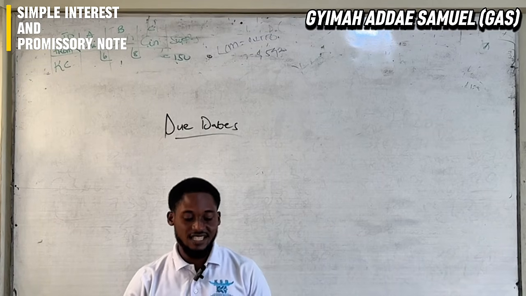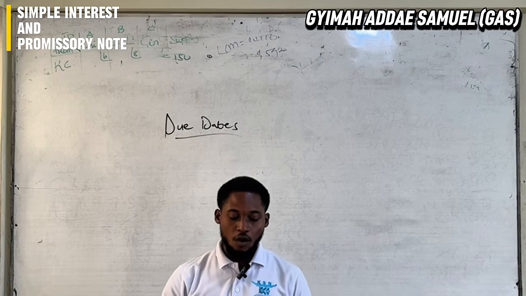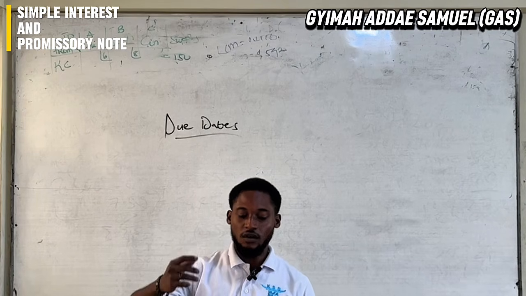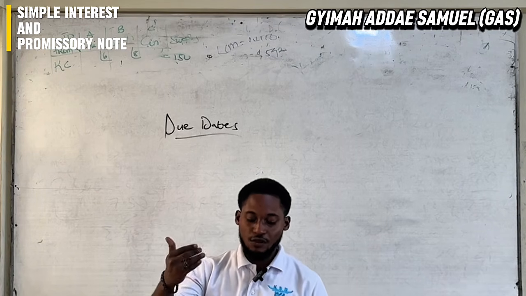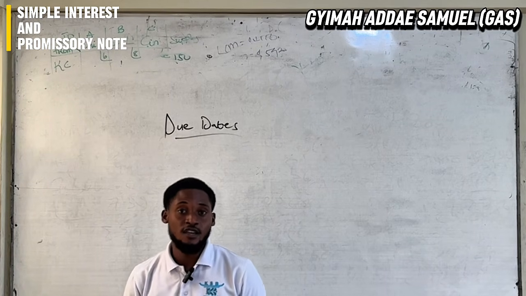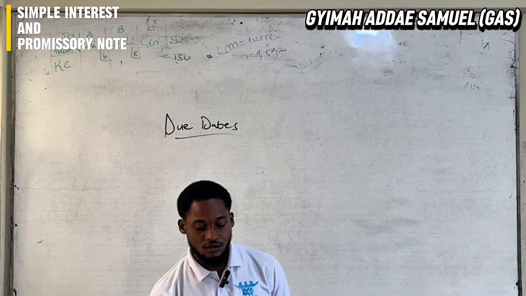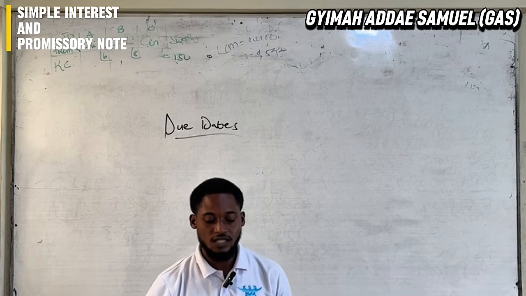Another example, a 7-month loan dated December 4th is due on July 4th, or July 3rd or July 5th if July 4th is a holiday. So if July 4th is a holiday, you are to pay the loan before July 4th, which is 3rd July, or after July 4th, which is 5th July.